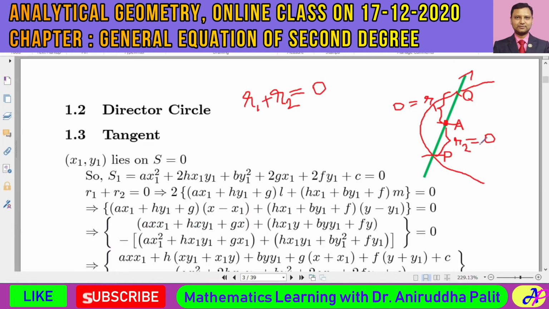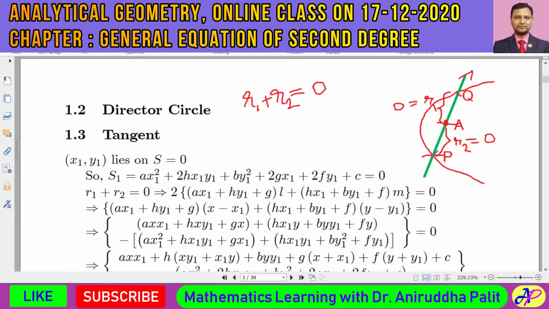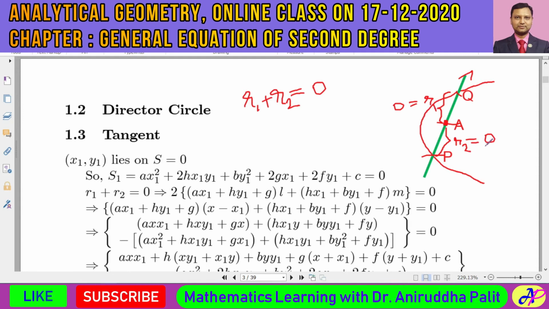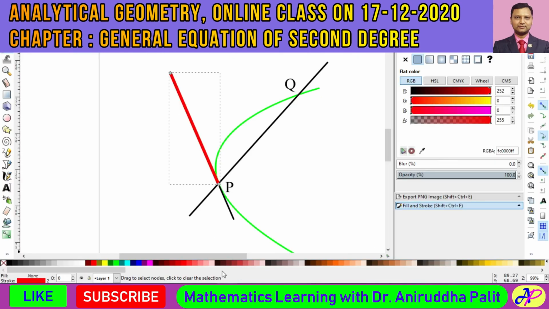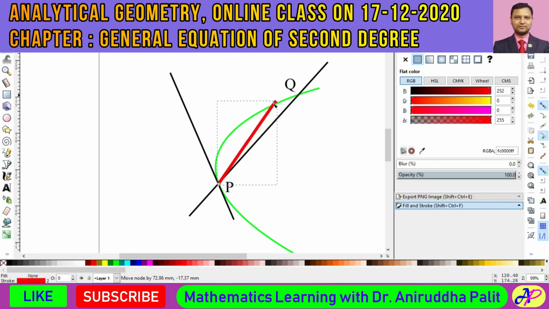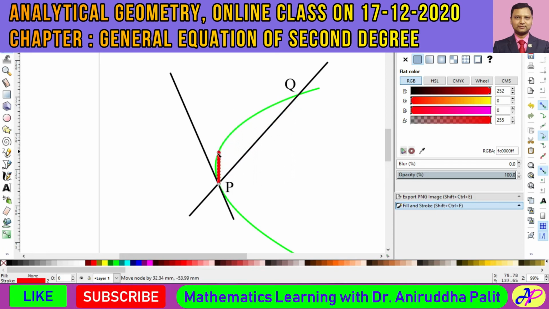R1 must be equal to 0 and R2 must be equal to 0, because all the intermediate points like capital A would also coincide with this point P. Correct? And in such cases, R1 and R2 must be the same, because as this point Q moves towards the point P, this line is changing. Now you see, the length of this line is decreasing, and ultimately it becomes equal to 0.